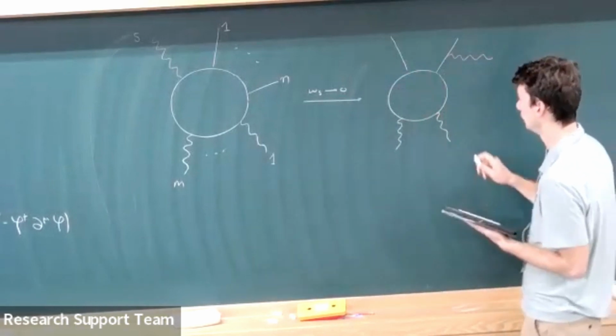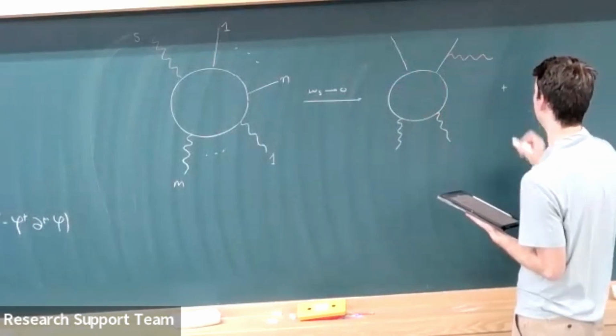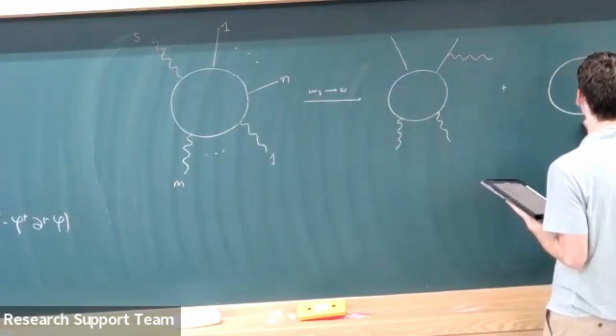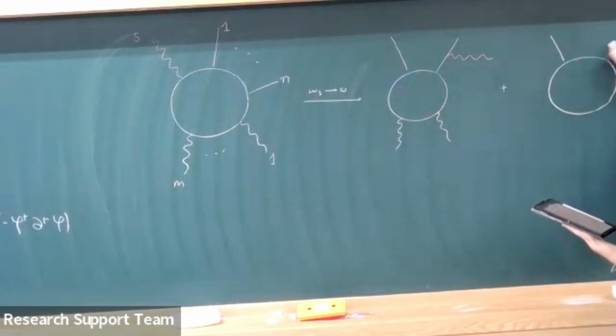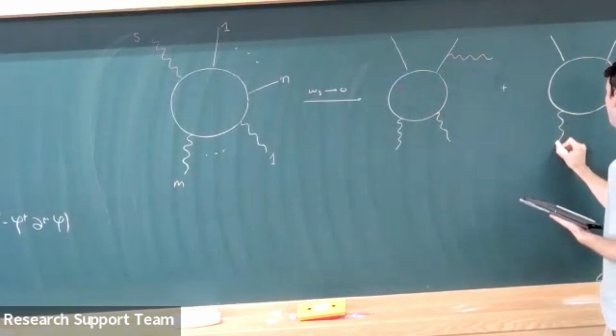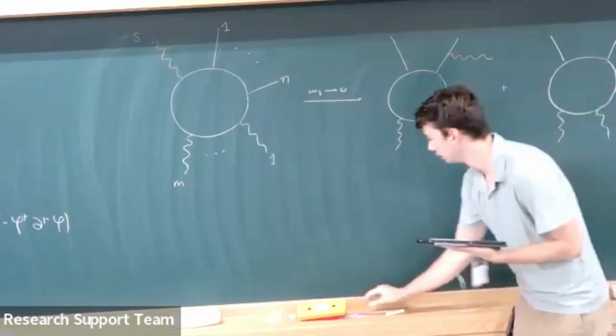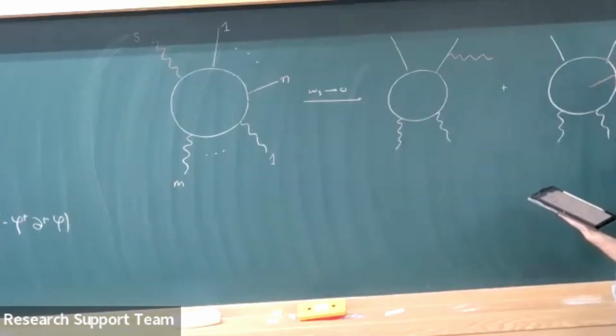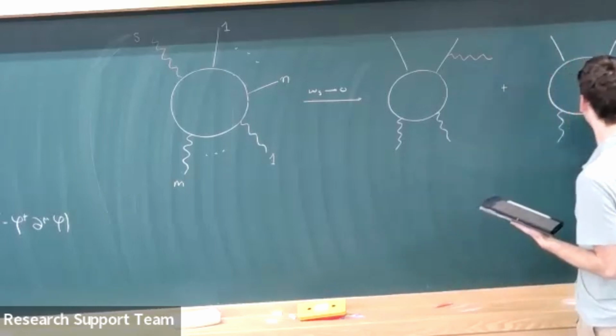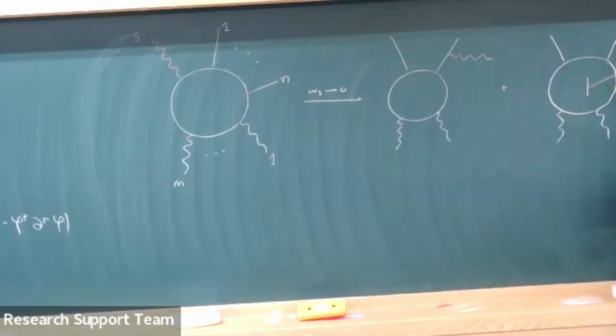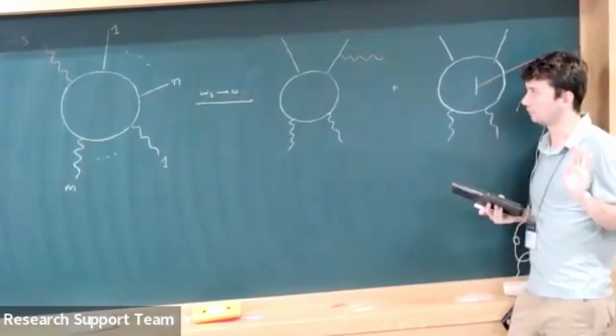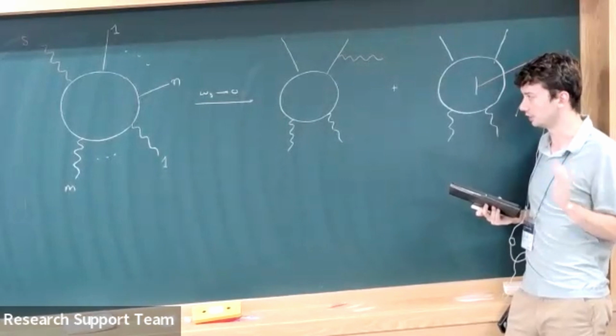Okay. And the second set of amplitudes that you need to consider is what happens when the photon couples to one of the internal propagators instead. So the photon just goes straight into the amplitude and it talks to something inside here. Okay. So this is a fair thing that you can do even when you're not working in the soft limit, but it'll be particularly helpful to study the soft limit.